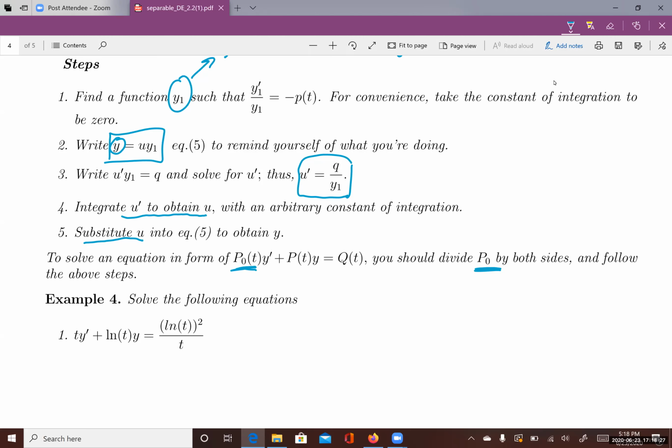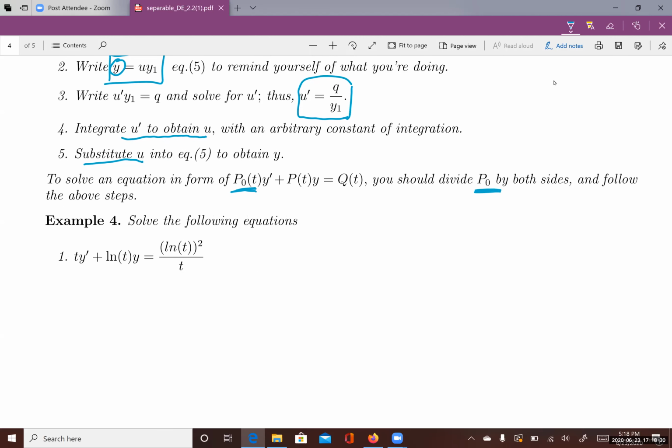All right, let's do the next example. You can see here you have a non-homogeneous equation. It's linear, right?